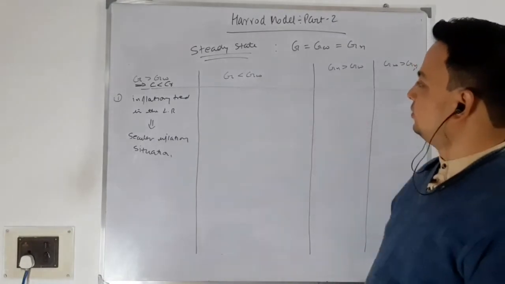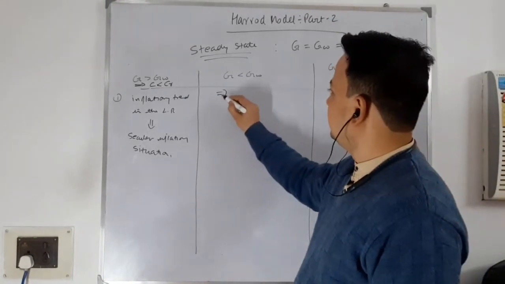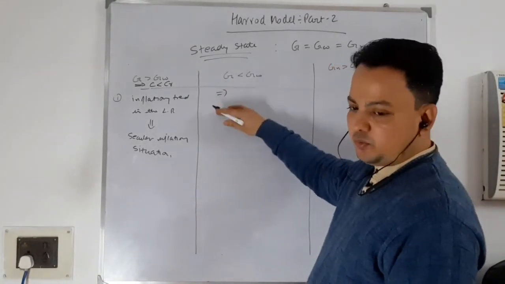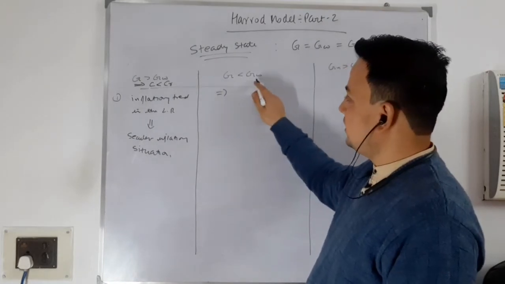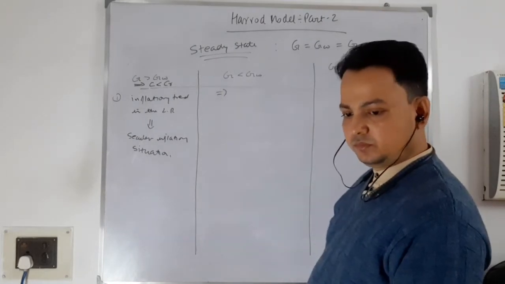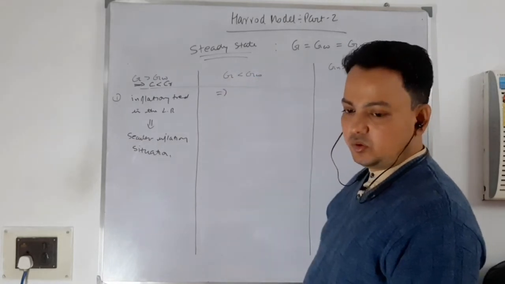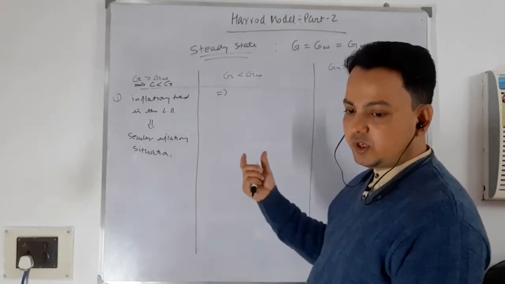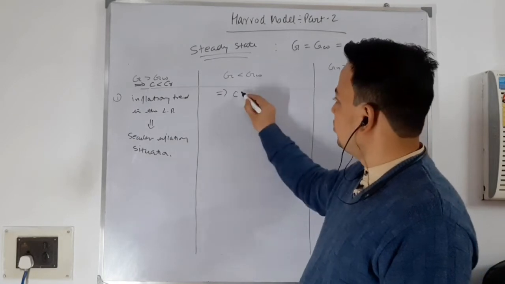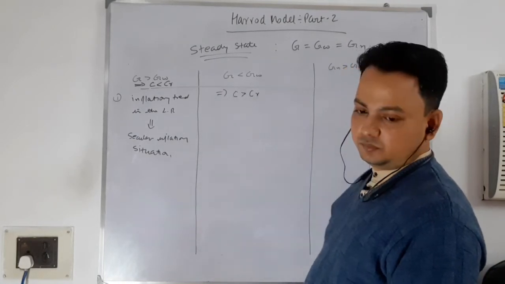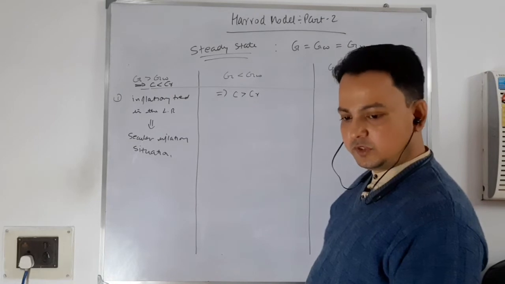Now here, what we will have is growth in aggregate demand is less than capacity output. The capacity output is growing faster than your growth in demand. That means actual capital stock is more than required capital stock.